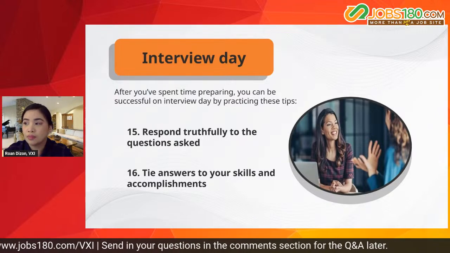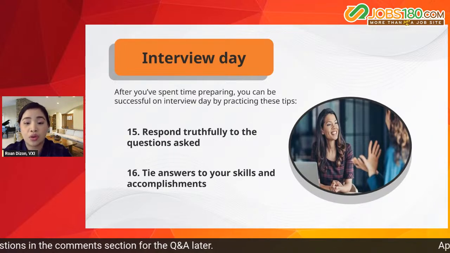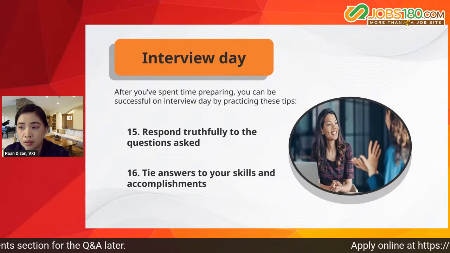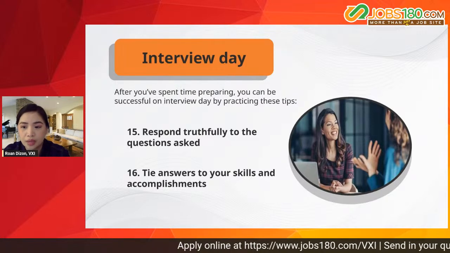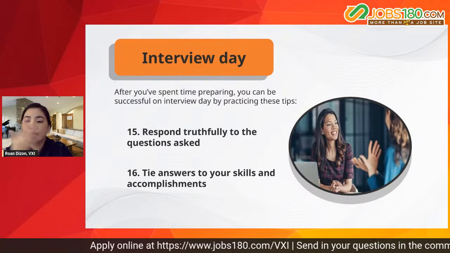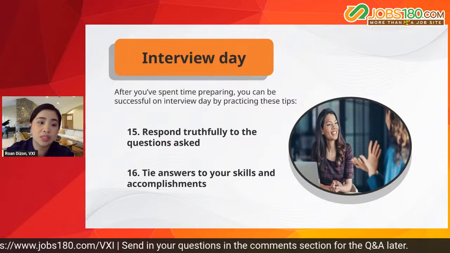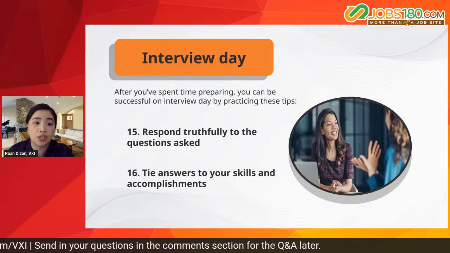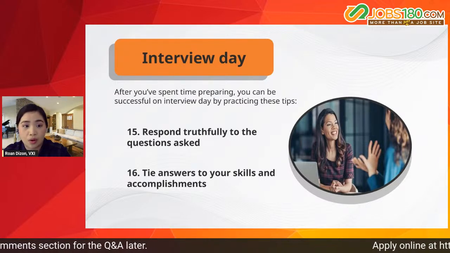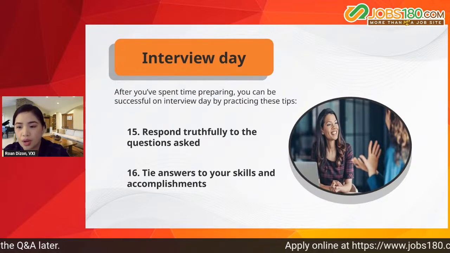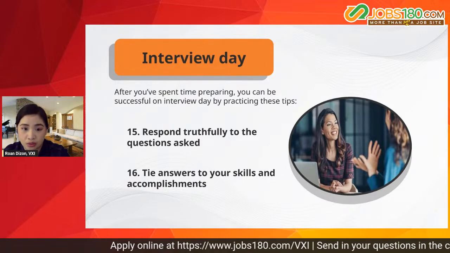Technically you're exposed to a lot of different things while you're on your job training, your OJT. So try to get something from there and tie the skills you acquired from that OJT to the job description or the skill being required. Use every opportunity to address the requirements listed in the job description.